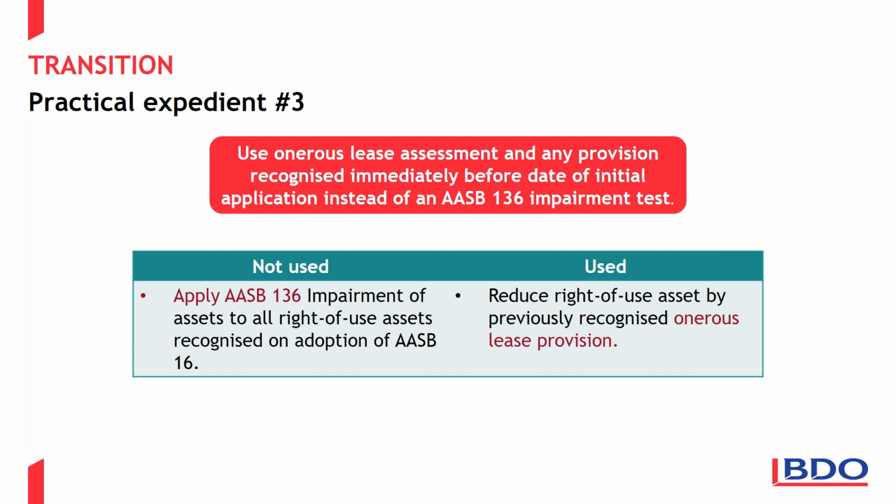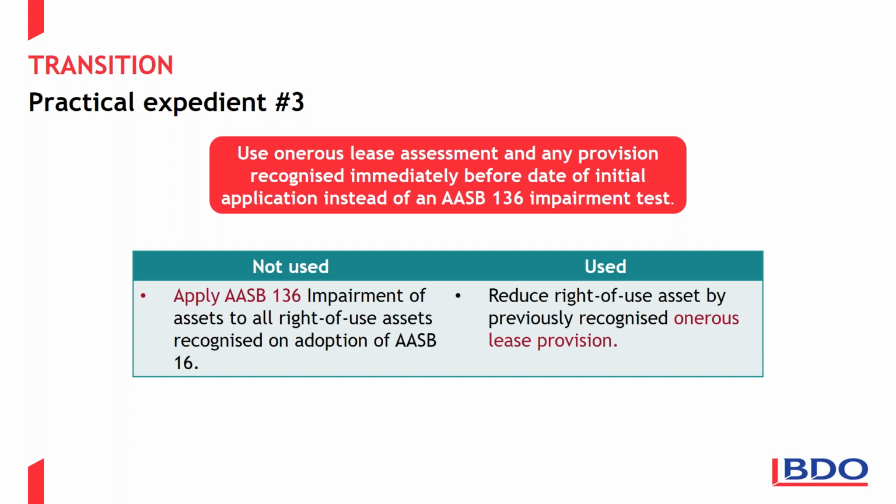So in this scenario, if you don't use this practical expedient, in a perfect world, you would apply AASB 136, impairment of assets, to all right-of-use assets when you first adopt AASB 16, because AASB 16 applies to the impairment of all non-financial assets, and you'll have to do that assessment.